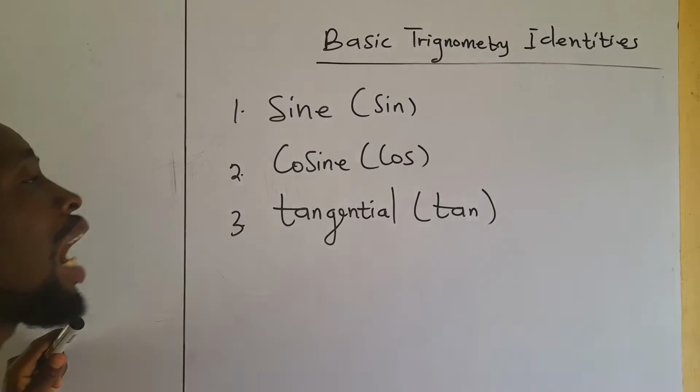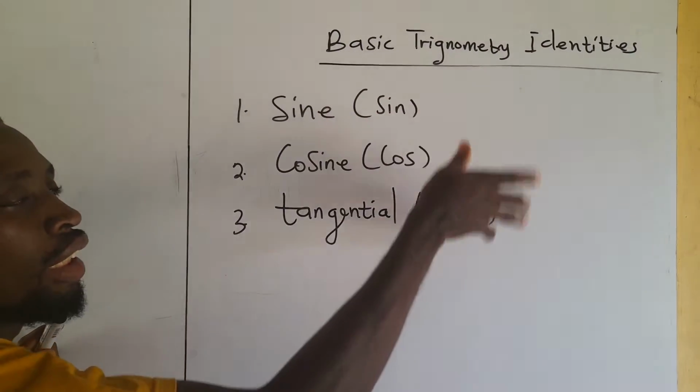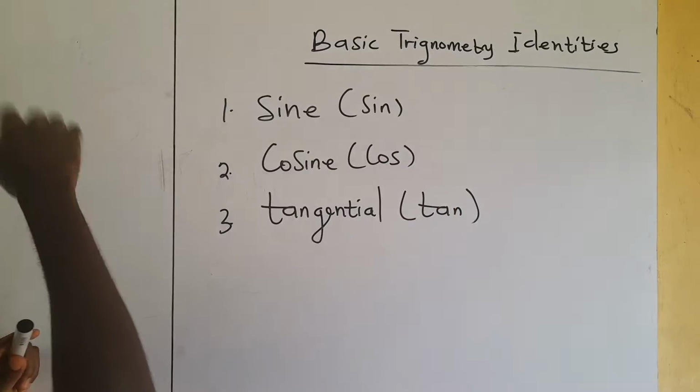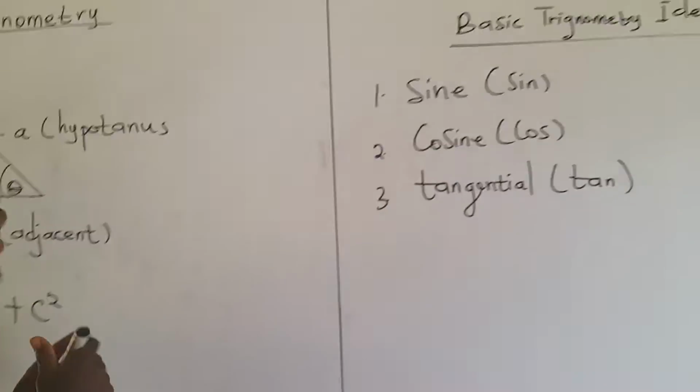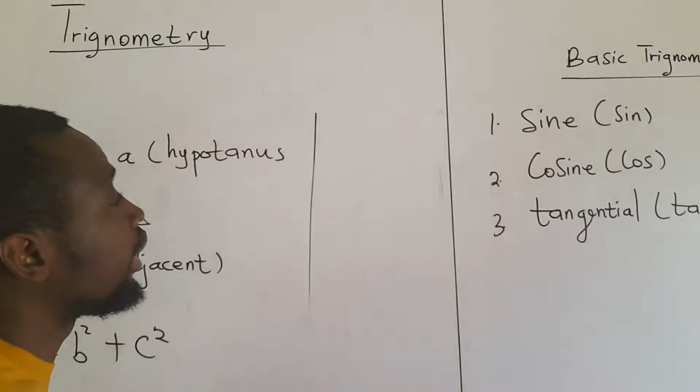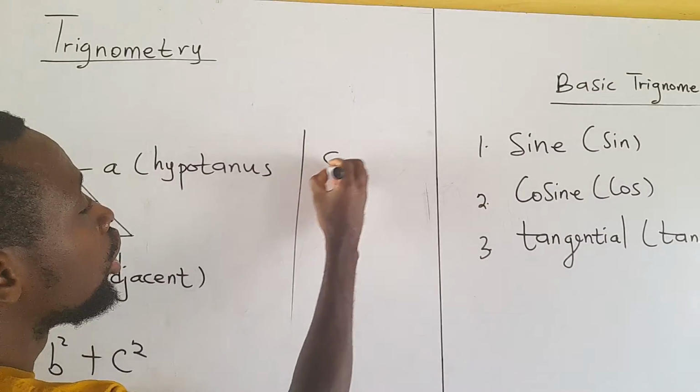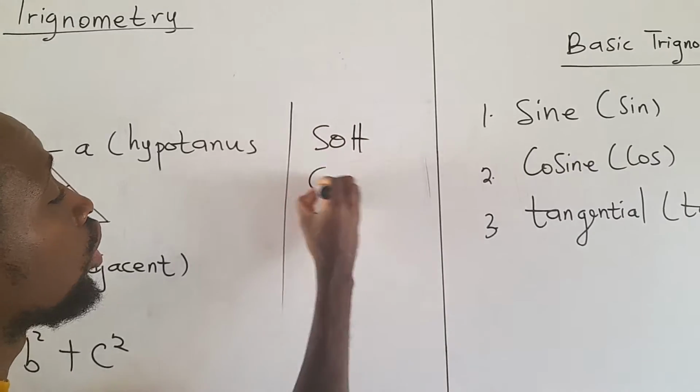Now, how do we use these trigonometric identities to find the angle in the right angle triangle involved? We use a very basic mnemonic scheme known as SOHCAHTOA.